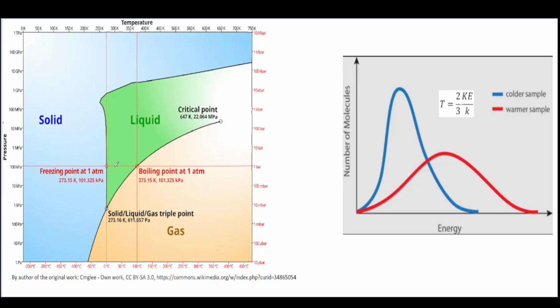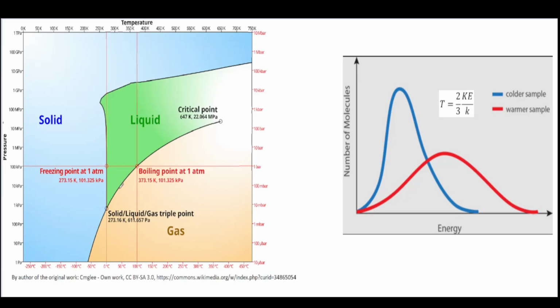So we reduce the pressure. We're not doing anything to the temperature. We're reducing pressure, and boom, we hit this line here, which separates the liquid from the gas, this phase line. So now we're going to start having molecules, at least part of the water, go into the gas phase.